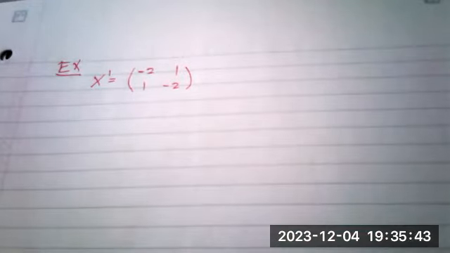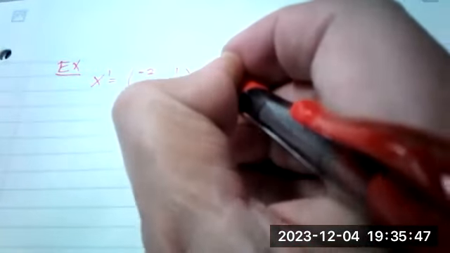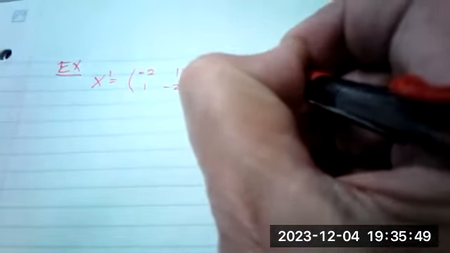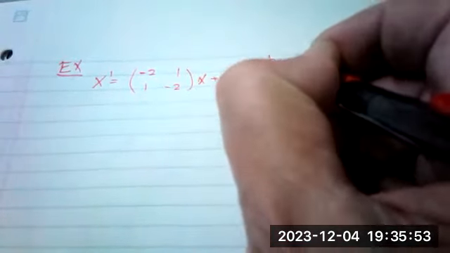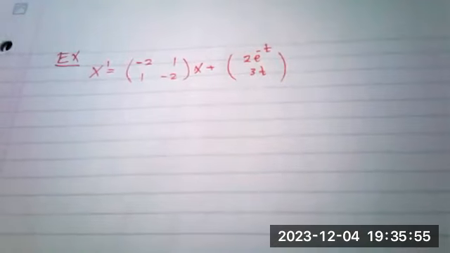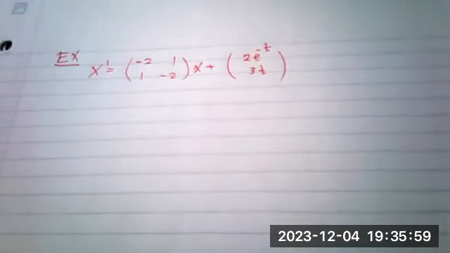Quite a lot of these are going to be around. There you are: 2e to the negative t, 3t. You see, that's a system. Of course, they are not polynomials, so you better not try to do it with the method of undetermined coefficients.